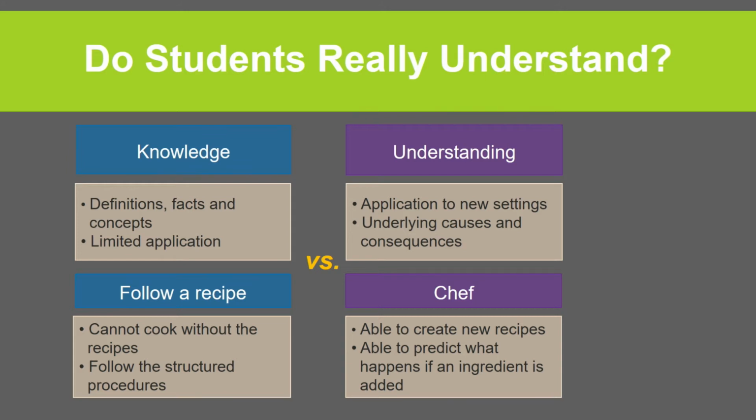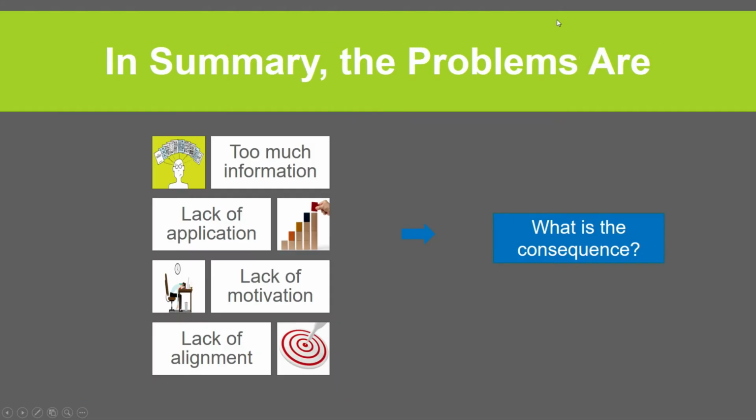But on the right-hand side, a chef would be able to create new recipes, understand different ingredients, play a different role, and so they would be able to predict what could happen if an ingredient is added or if an ingredient is left out. And so the difference between knowledge and understanding is a key concept. When we move to be learner-centered, we want to focus on understanding.